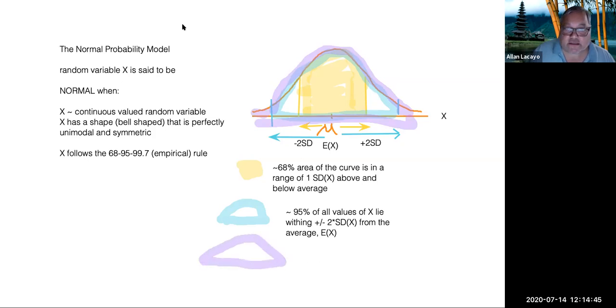So that is a region of roughly 99.7% of all possible values of x that lie within plus or minus 3 standard deviations of x.